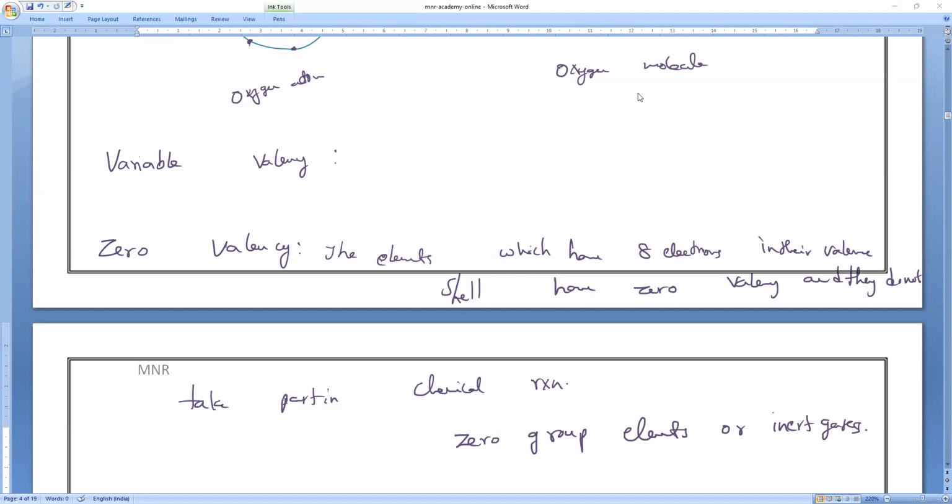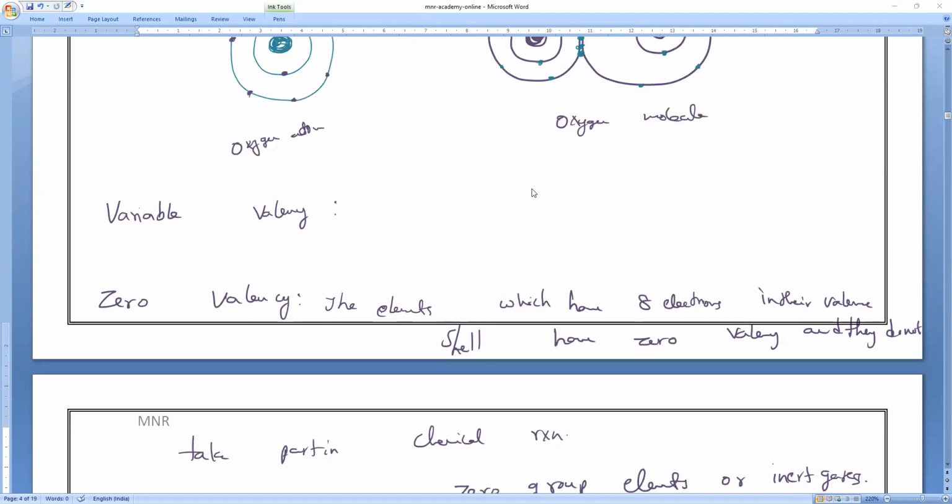Okay. So now variable valency. We'll finish it. Some elements can show more than one valency. In 10th class you will get iron, basically.